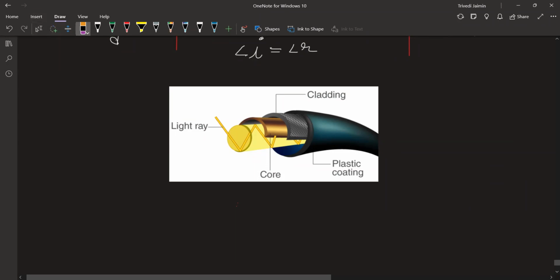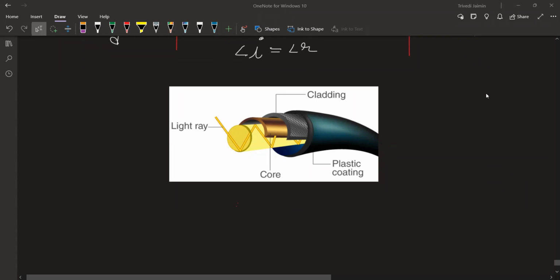It's transferring at that speed, 3 × 10⁸. So we say optical fiber internet is the fastest internet, Airtel and all that. Everyone is giving different price ranges and speeds, but that is a separate department. It is done by total internal reflection.